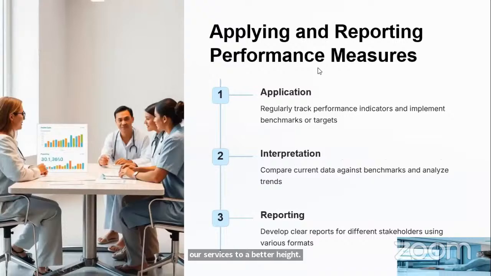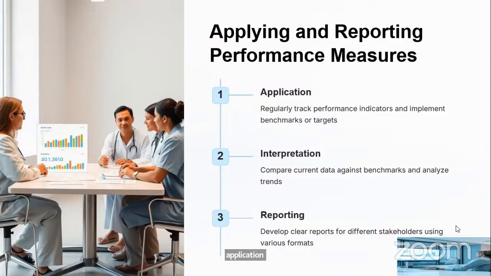Now, the next one is, how do we now apply these performance measures and how do we now report them? Very, very important, right? So when we are talking about the application, how do we apply it?